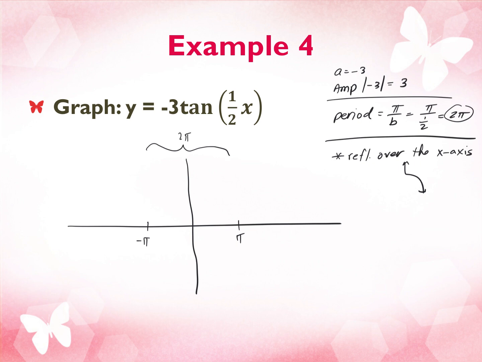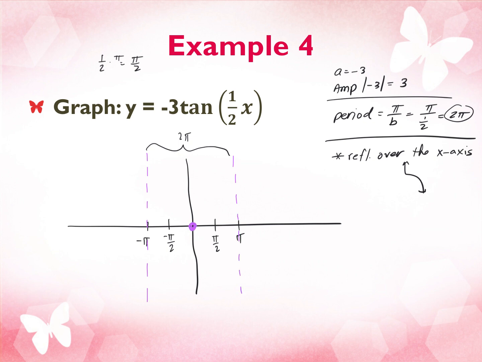Now I have to figure out the midpoint, so what is half of pi, or pi over 2. So this is pi over 2 units to the right, and this one's pi over 2 to the left. So my first period is going to have asymptotes at negative pi and pi.